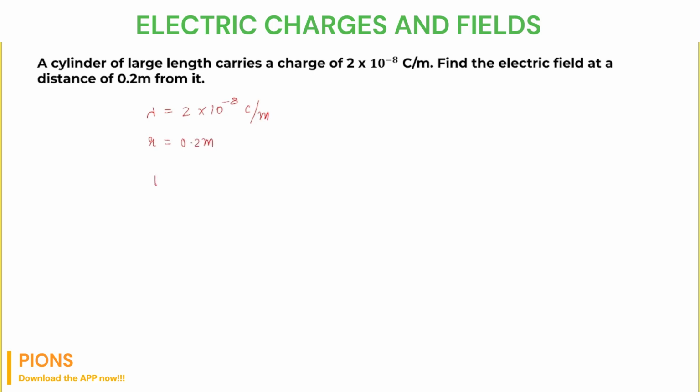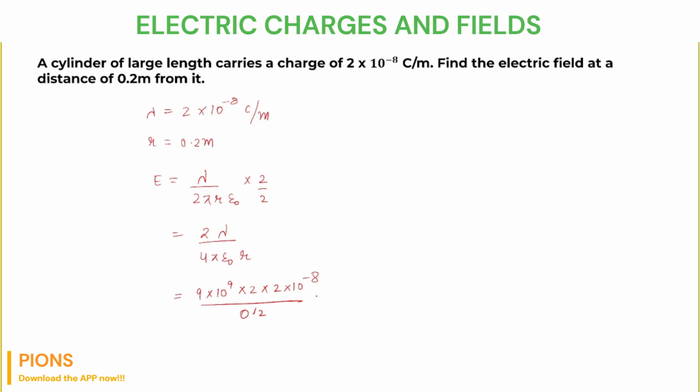So we know that electric field E is equals to lambda over 2 pi R epsilon naught. Let's multiply up and down with 2. It becomes quite easier. So this becomes 2 lambda over 4 pi epsilon naught into R. Now we know that 1 by 4 pi epsilon naught is nothing but 9 into 10 to the power 9. 2 into lambda, that's 2 into 10 to the power minus 8, and over R, which is equals to 0.2.